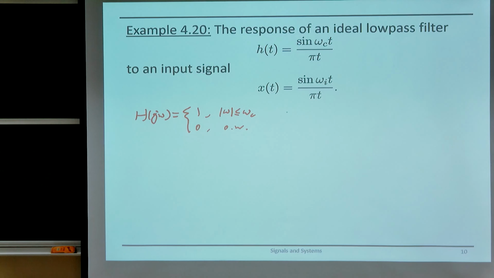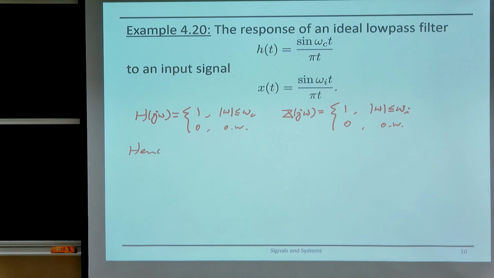And the signal also is 1 for omega within omega i and 0 otherwise. So the Fourier transform of both of these are ideal square signals in the frequency domain.